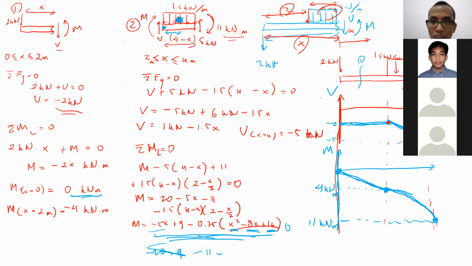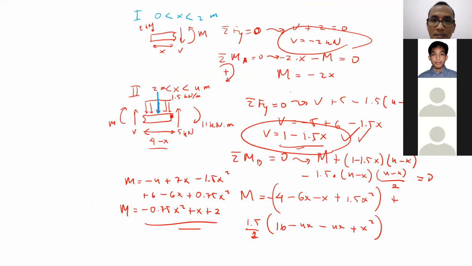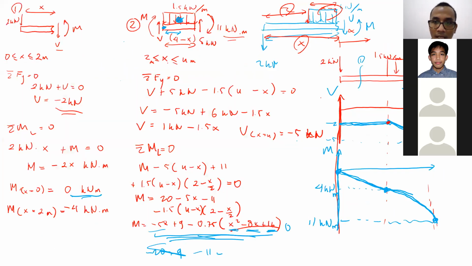Then for the moment, it's slightly more difficult because at the beginning we have minus 2x. So at x equal to 0, we have 0 moment, and at x equal to 2, we have a minus 4 moment. So it's 0 to minus 4.